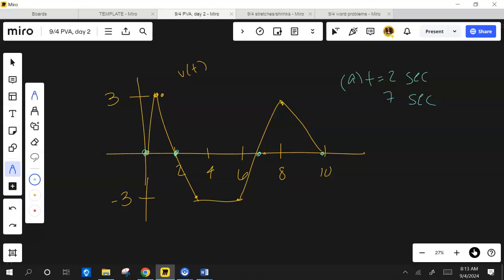Okay. He's moving to the right when velocity is positive. Well, where is velocity positive? Here and here. So he's moving right. He's moving right. When is he moving left or backwards or down, depending on which direction?